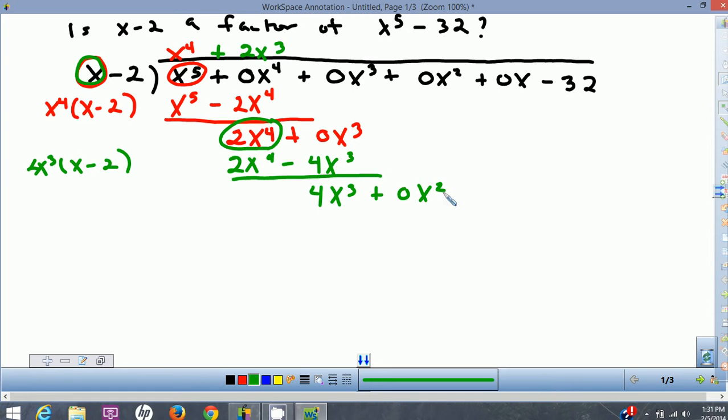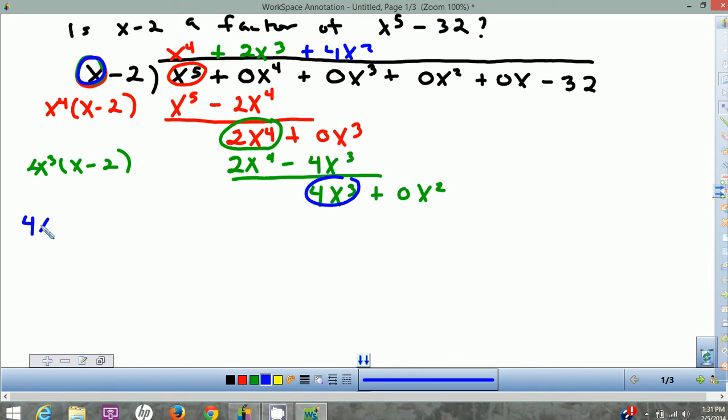We're going to keep doing this until we can't divide anymore. So sometimes you do this a whole bunch of times. How many times does x go into 4x cubed? 4x squared times plus 4x squared.